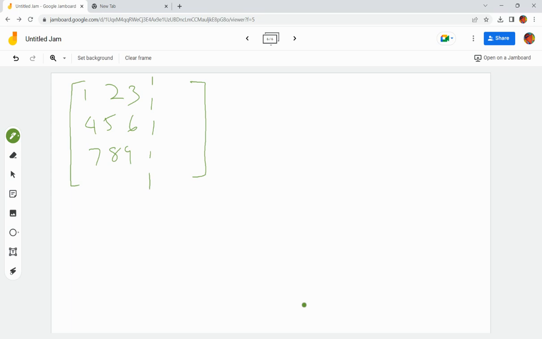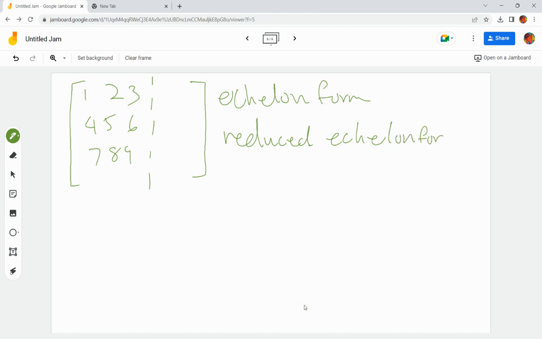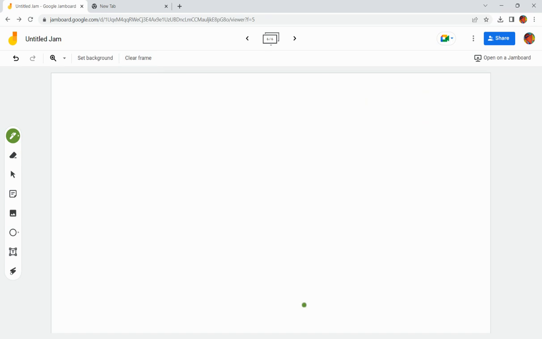I hate writing this echelon form and reduced echelon form. Pain in the ass, not pain in the ass. That's basically what these two are. One is painful, non-painful, and this is a pain in the ass to deal with. That's all you need to know. I mean, there's a lot of things to know about them, but that's what I call them.